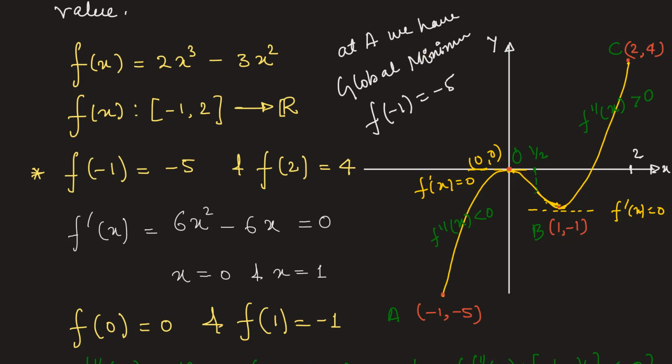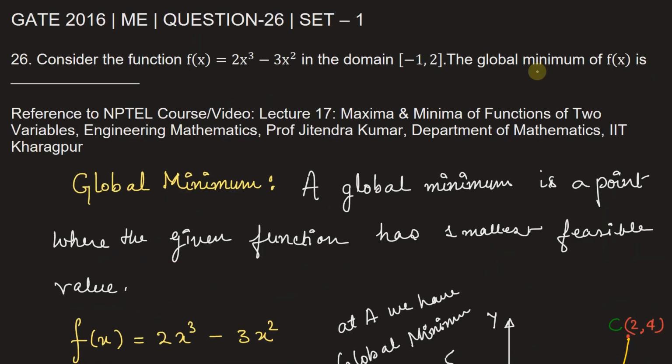And this curve is y is equal to f of x. Now let's go back to the problem. So the global minimum of f of x is -5.